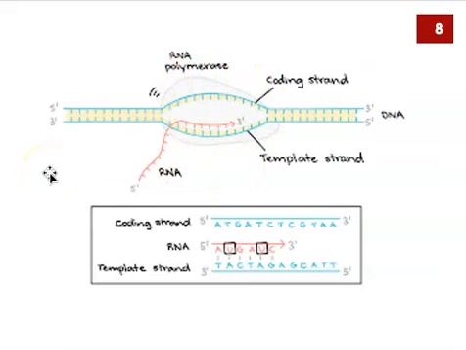And it's behaving differently. Instead of opening up in both directions, it's only opening up over here. So we're separating the DNA as we move forward, as we move downstream. Behind the enzyme, the DNA is actually closing back together again.